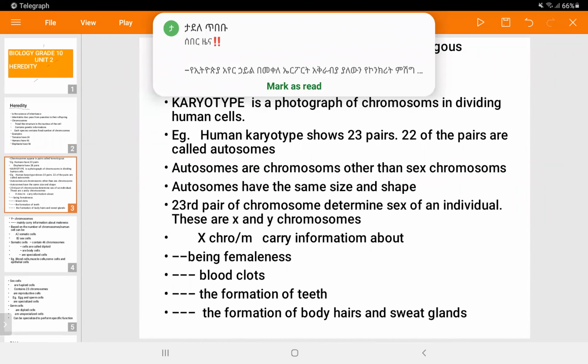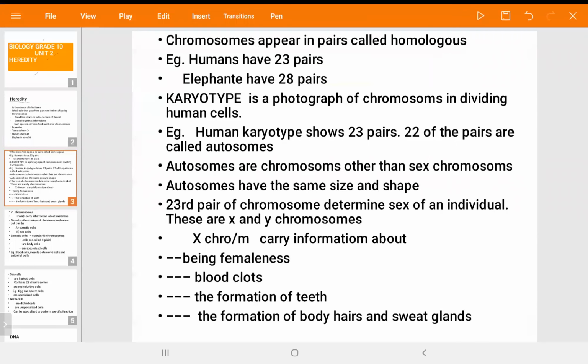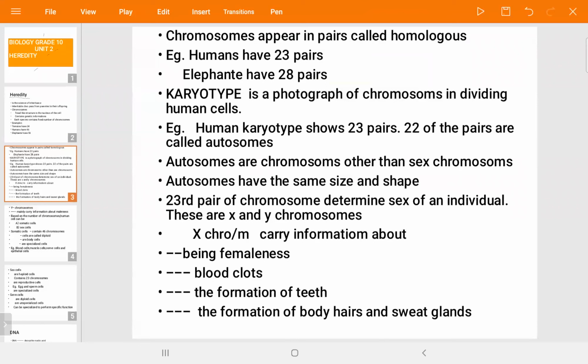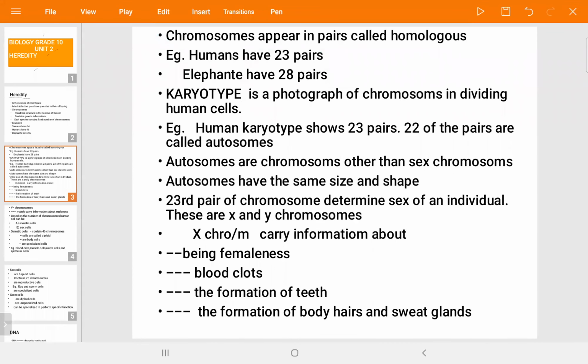Now, chromosomes appear in pairs called homologous chromosomes, especially during cell division. A particular example for discussion is human chromosomes. Humans have 23 pairs of chromosomes, which are homologous.